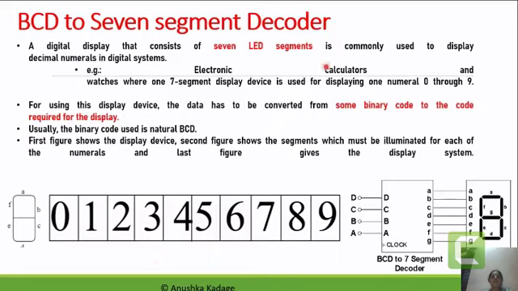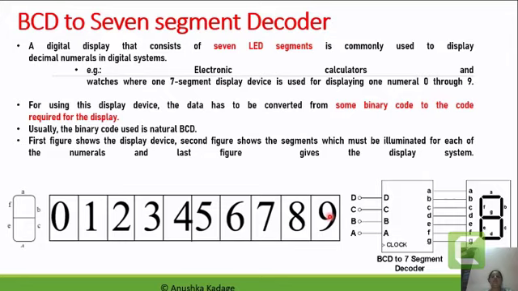One of the decoders majorly used in different digital circuits is the BCD to 7 segment decoder. Here BCD stands for binary coded decimal, which represents only decimal values 0 to 9 in binary.